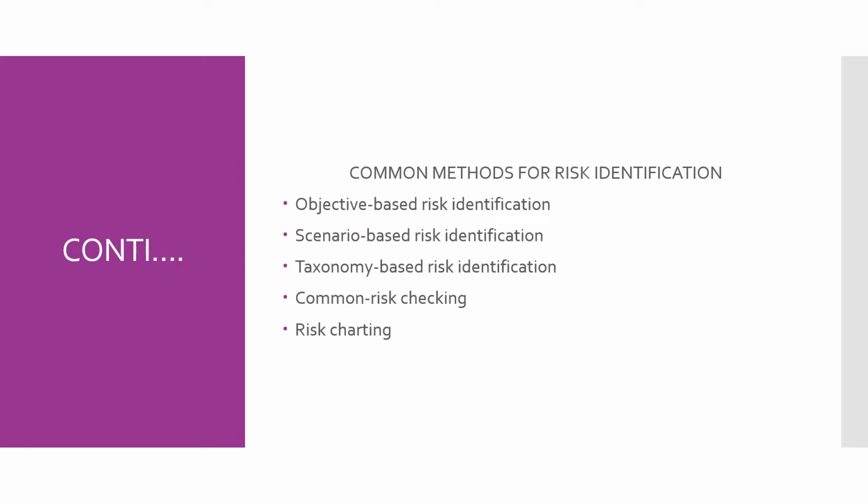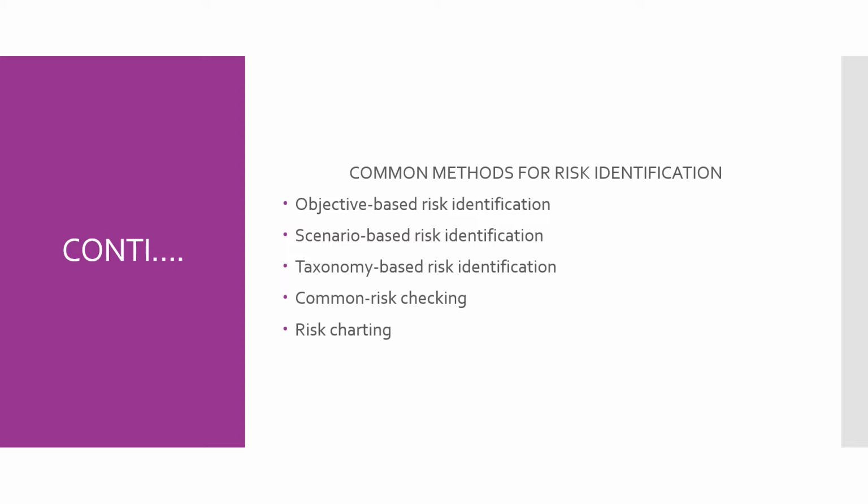All those common risks will be identified and kept in a particular file or something like that. So that is common risk checking. With the help of those files or pages, they can check what the common risks are associated with their software industry.